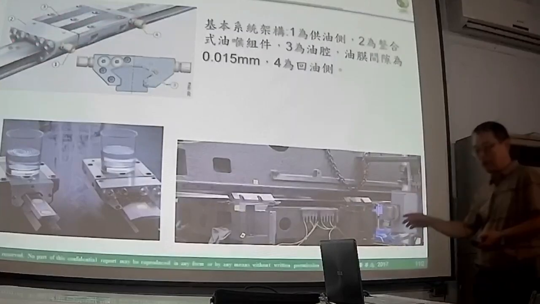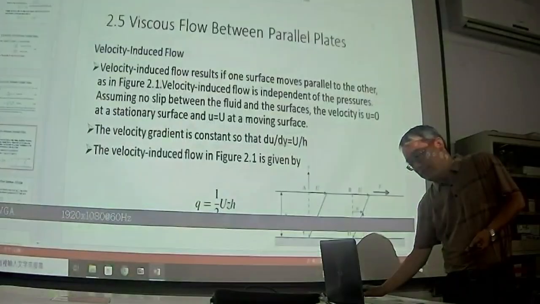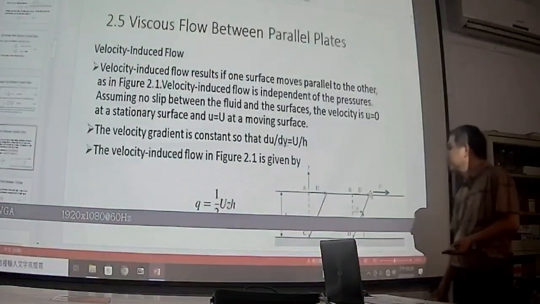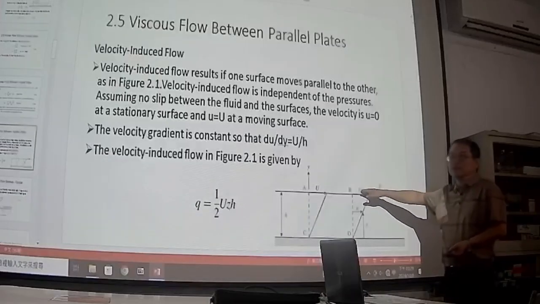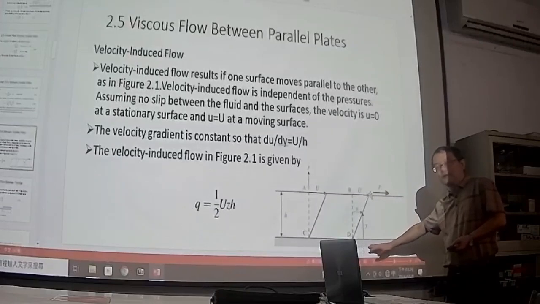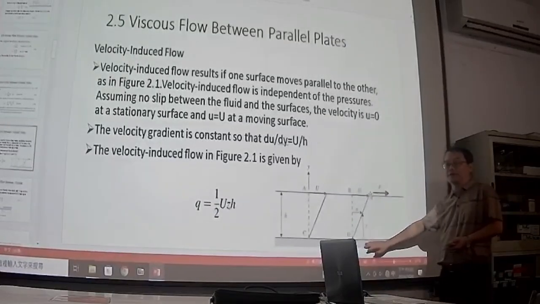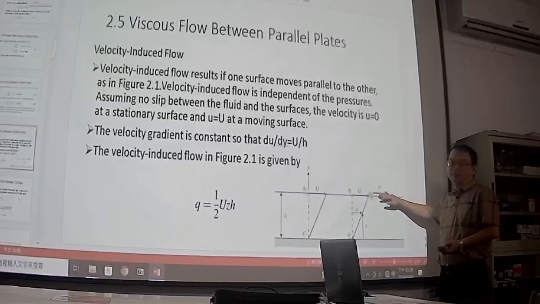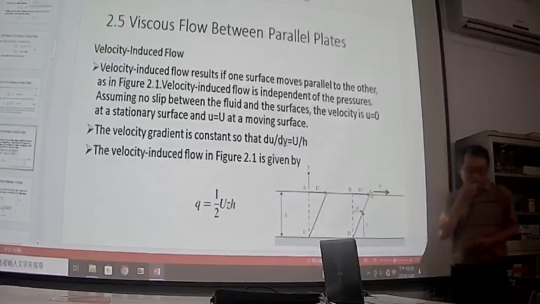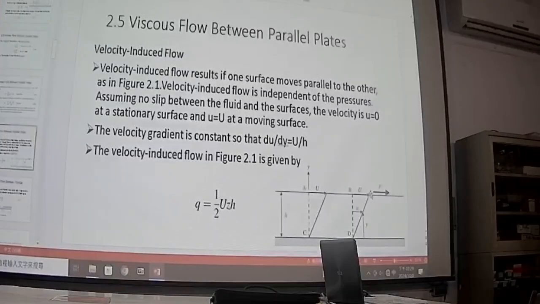It's more like the example we showed you: the top surface is moving, the bottom of the rail is fixed. Only the top moves, and in between is lubricant oil.